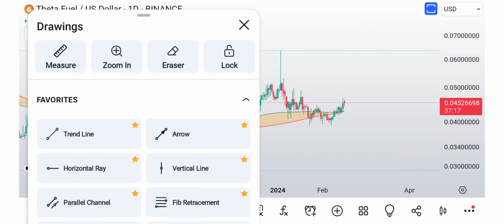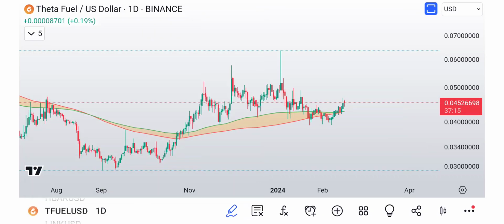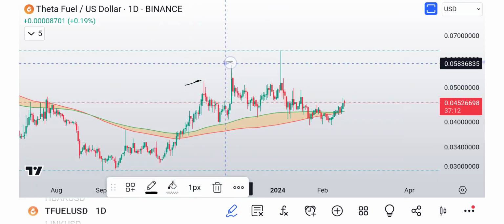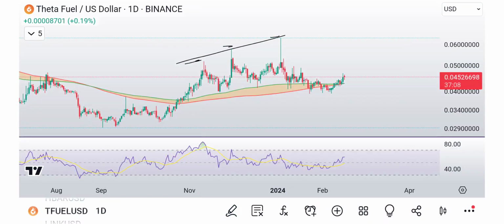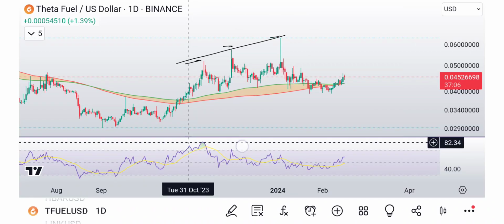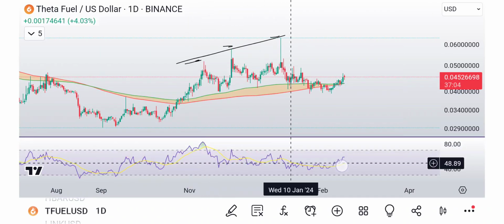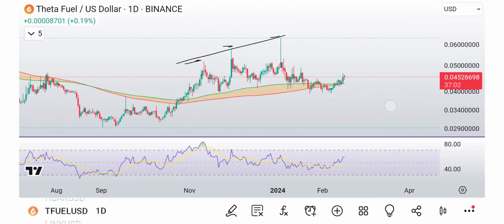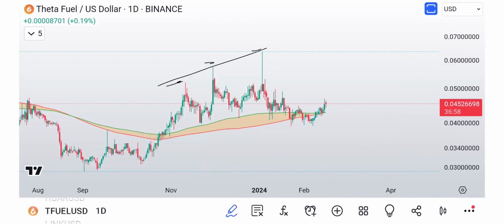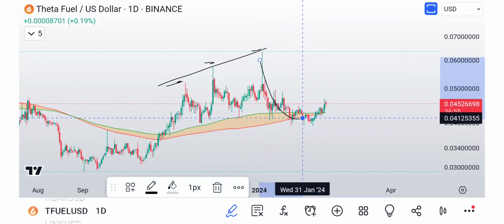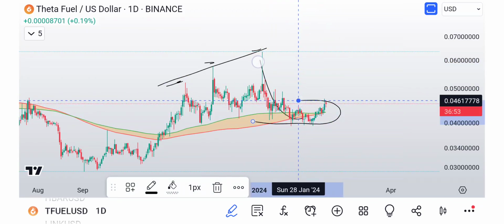So Theta fuel, I mean, you could see, like I said before, you had 1, 2, 3. You got 3 drives to the high, right? And then during that time, you had bearish divergence, right? Which is fine because it needed what? It needed to cool off the oscillators so that the price can pull back. Now it pulled back.